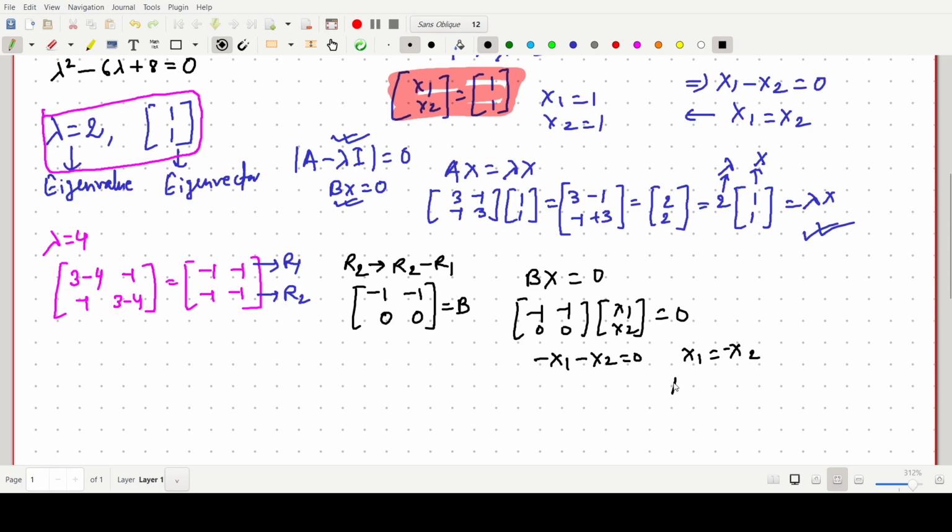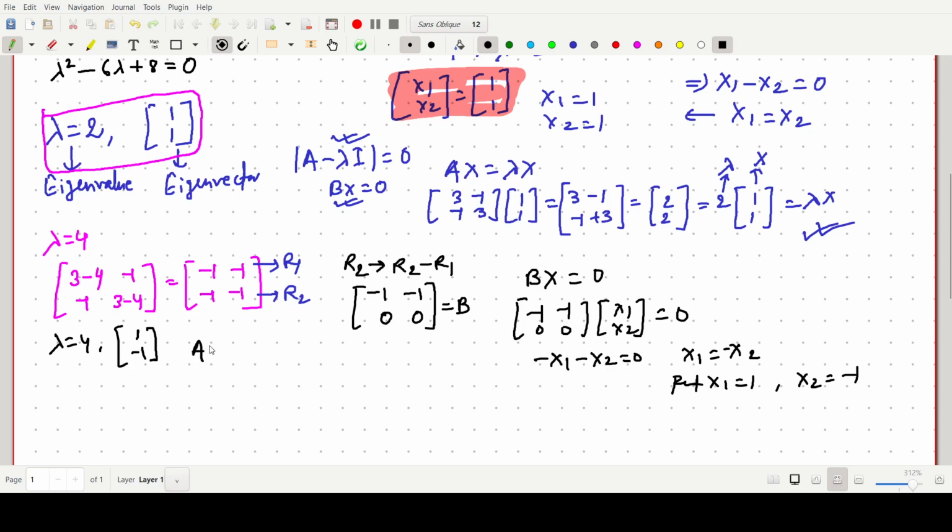If we put x1 equals 1, then x2 equals minus 1. So the eigenvector for lambda equals 4 is simply 1 and minus 1.